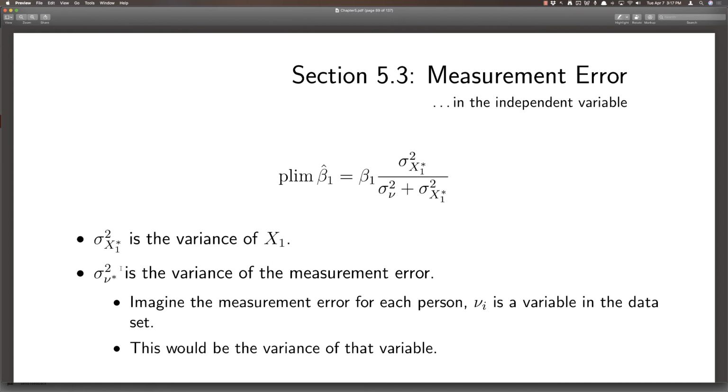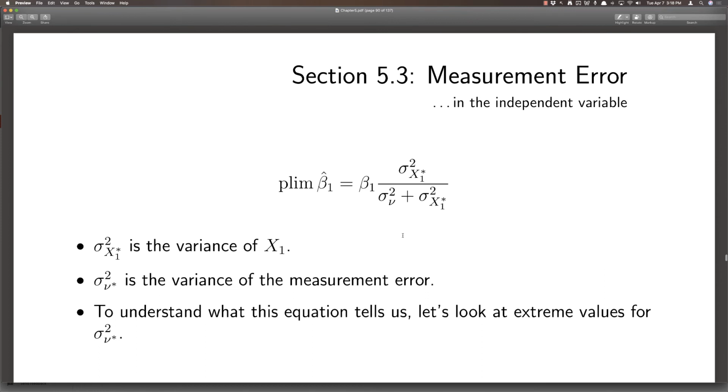So the variance of the measurement error, if it's high, then we're going to have a problem, all right? So imagine if the measurement error for each person nu is a variable in the data set, all right? This would be the variance of that variable, right? Sigma squared x1 star is the variance of x1 star. Sigma squared nu is the variance of the measurement error.